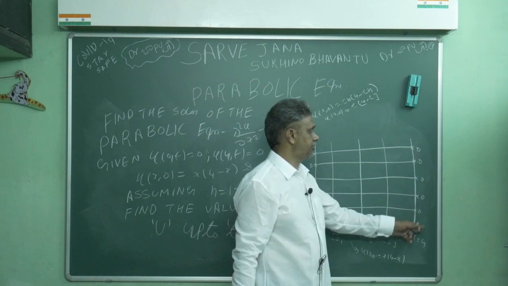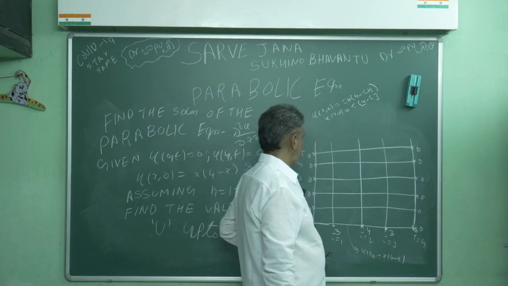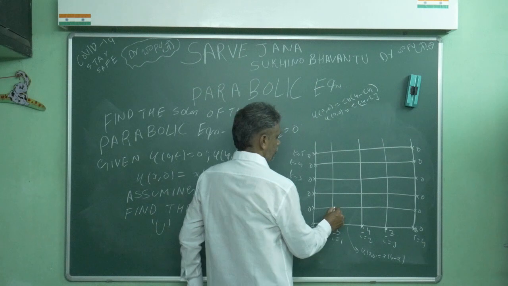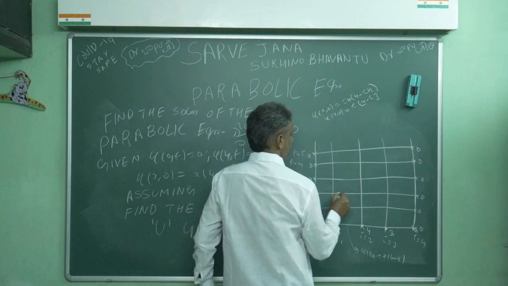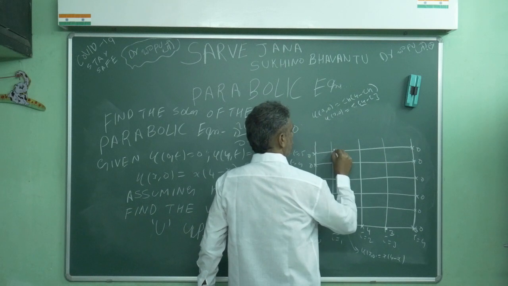These are the u values given by the boundary condition. Now I want to find out all the remaining values inside.